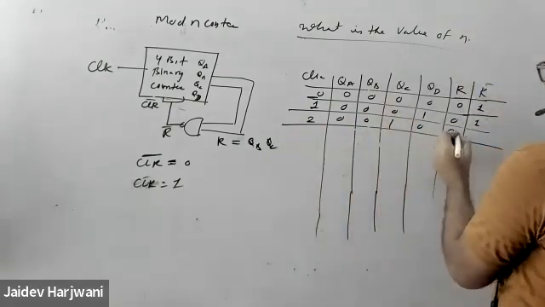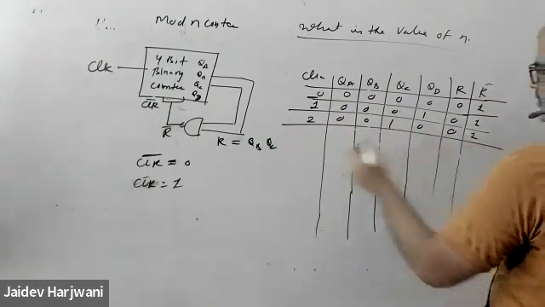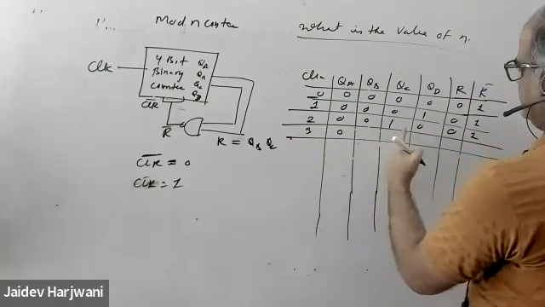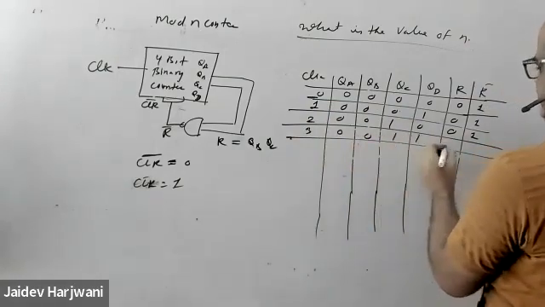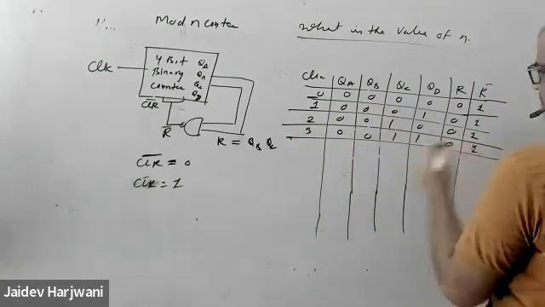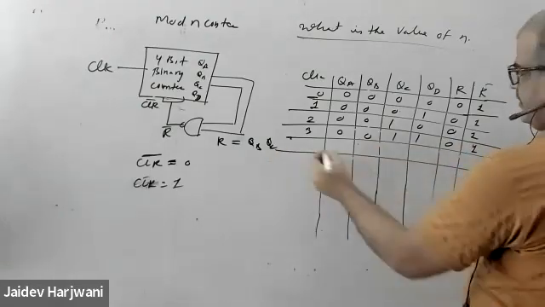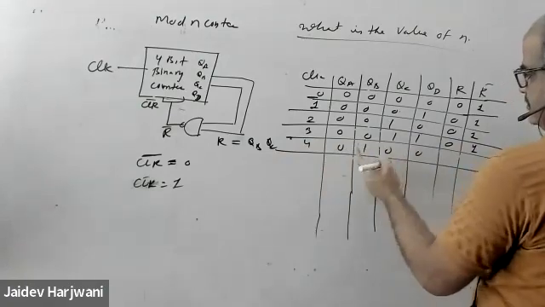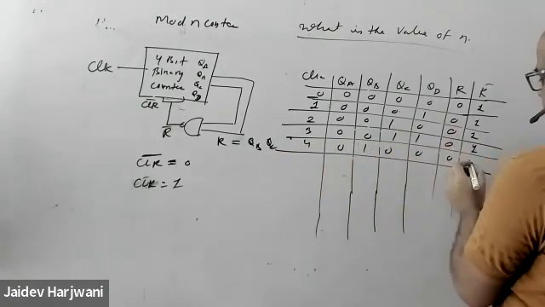So R is 0, again R bar is 1. Then 0 0 1 1, again R is 0. Fourth state is 0 1 0 0, so again this multiplication is 0, R is 0, R bar is 1.